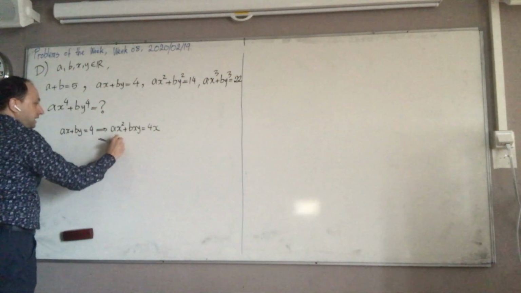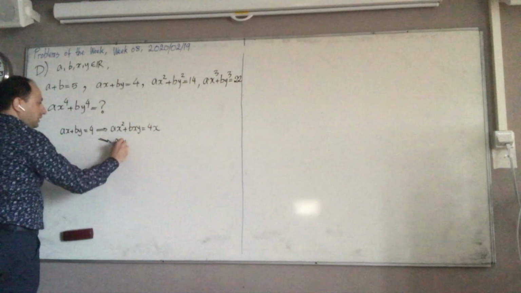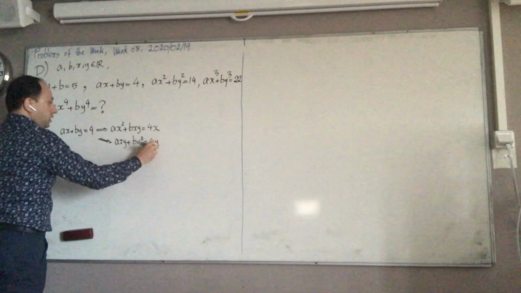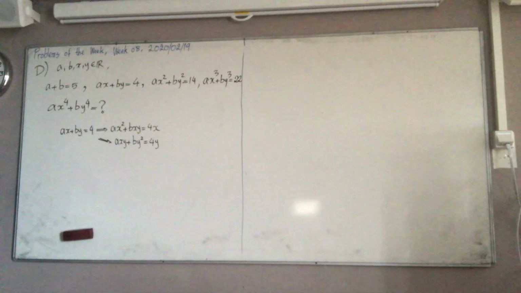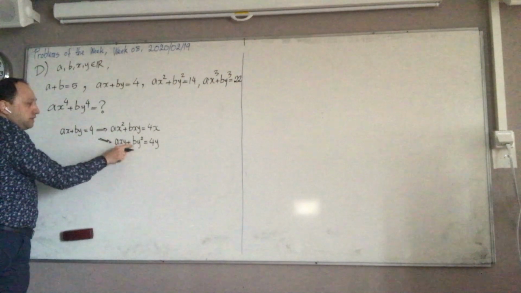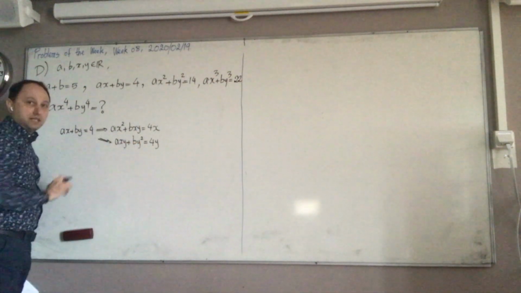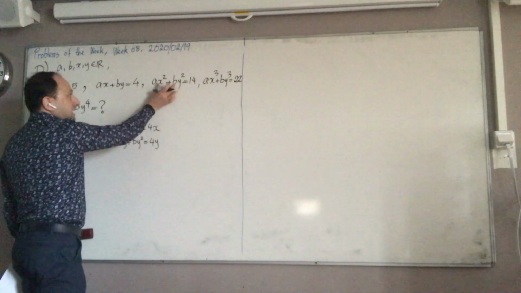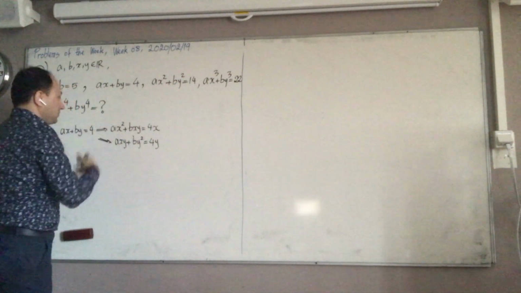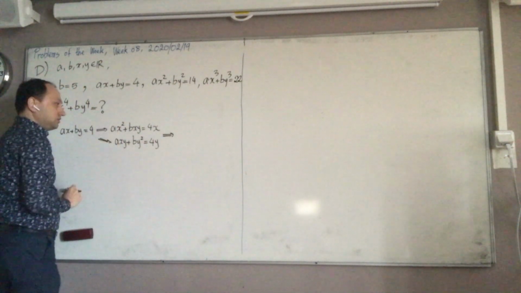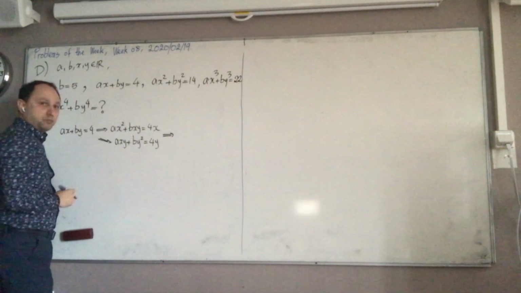Then I will get AXY plus BY squared is equal to 4y. So you see, this is a good thing to do because now I have AX squared and BY squared. These are exactly the combination that I need. But of course, I need the sum of these two terms. So it might motivate you now that you have them in more or less the correct form, you can add them side by side.